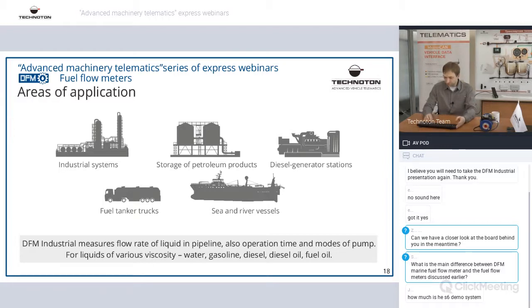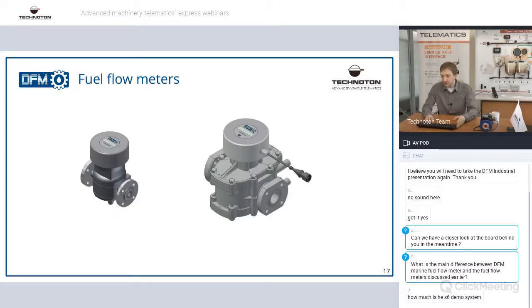For example, you can see on the slide the applications where we can use the DFM Industrials that we have. Please note they are also available only with flanges, because of the massive flow rate these DFM Industrials cope with: DFM 7,000 liters an hour and DFM 25,000 liters an hour.